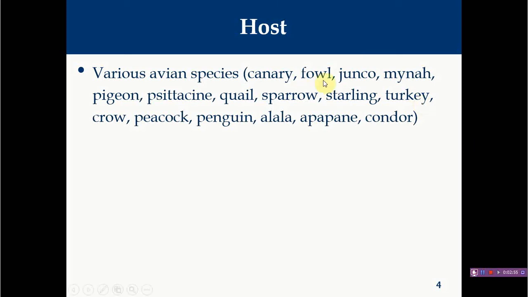Here you can see a list of species of birds which are susceptible to fowl pox virus, and among those, canary birds show the highest mortality. In such birds, mortality rate may go up to 80 to 100%, while in other birds generally mortality rate is low and you will find high morbidity.